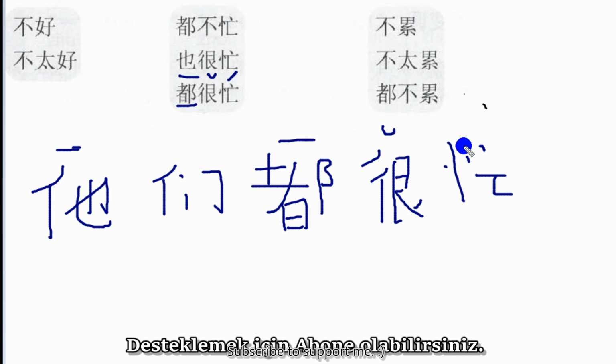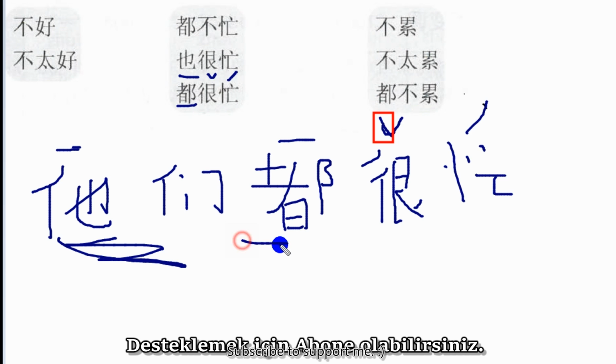I said tao, sorry for that. 们 is third tone, but we will read it as half third tone. Let's read this sentence: 他们都很忙. They are all very busy. You can translate it like this.